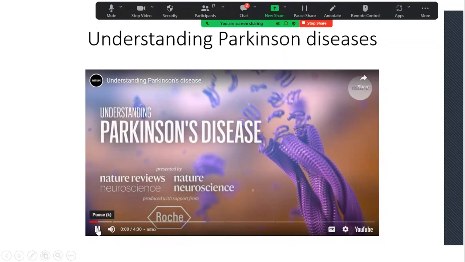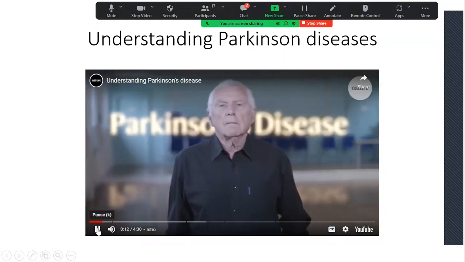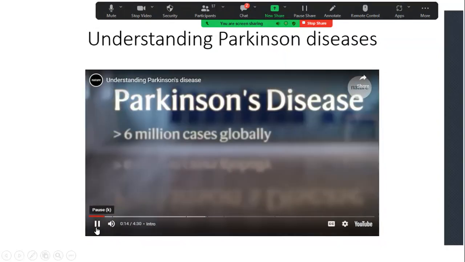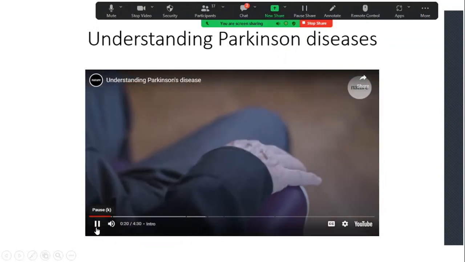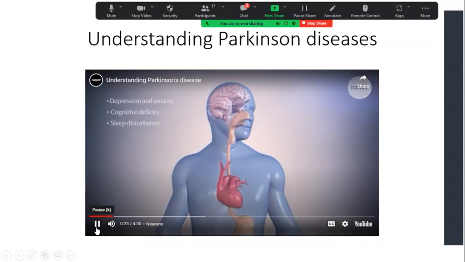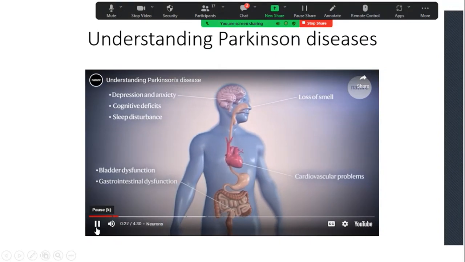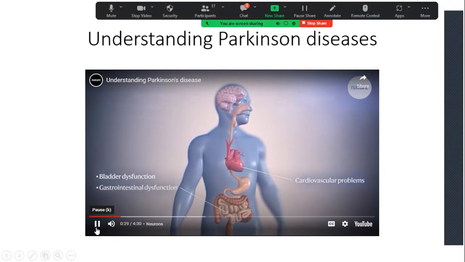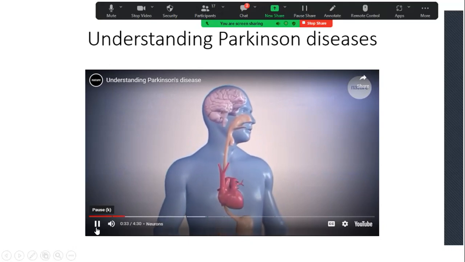Can you see it? Parkinson's is the second most common neurodegenerative disease after Alzheimer's. The most visible features of this disease are a slowness of movement, muscle rigidity, and tremors at rest. There are also many, often debilitating non-motor symptoms, some of which may present before the motor problems. Parkinson's affects many areas of the nervous system and different types of neurons.